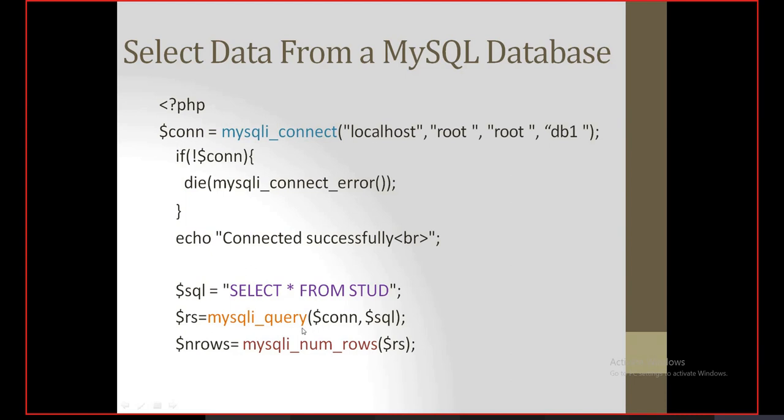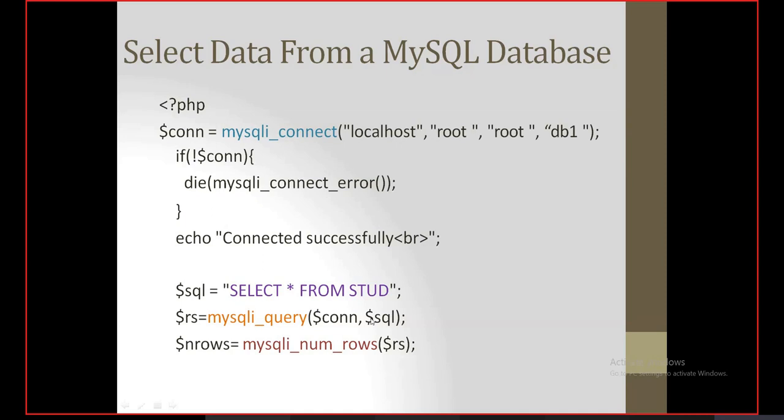Now, once we have done that, whatever records are fetched will be stored in our result object, or what we call the result set, right? So we can consider RS to be a result set for us, which accommodates all the records fetched by this given query.